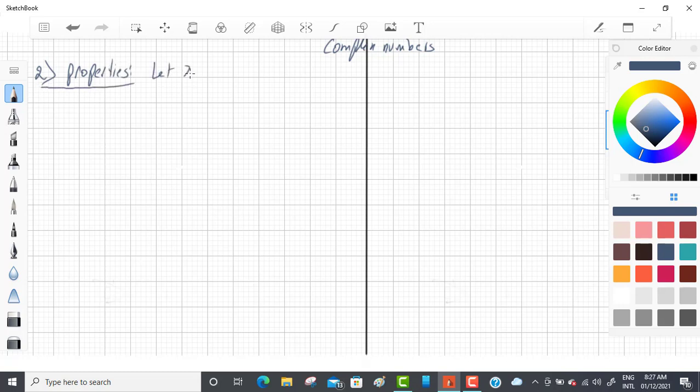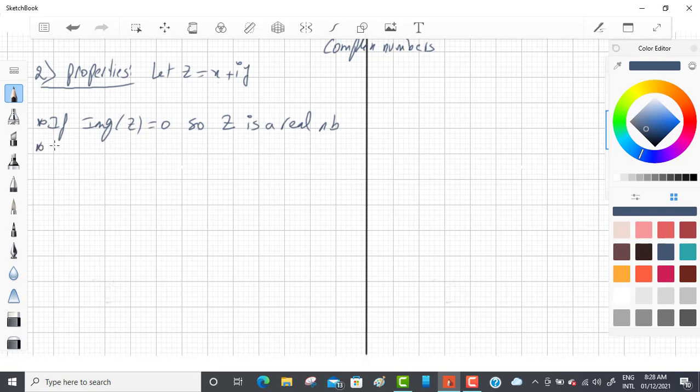Let z equal x plus iy be a complex number. First property: if the imaginary part of z is equal to 0, then z equal x. So z equal x is a real number.